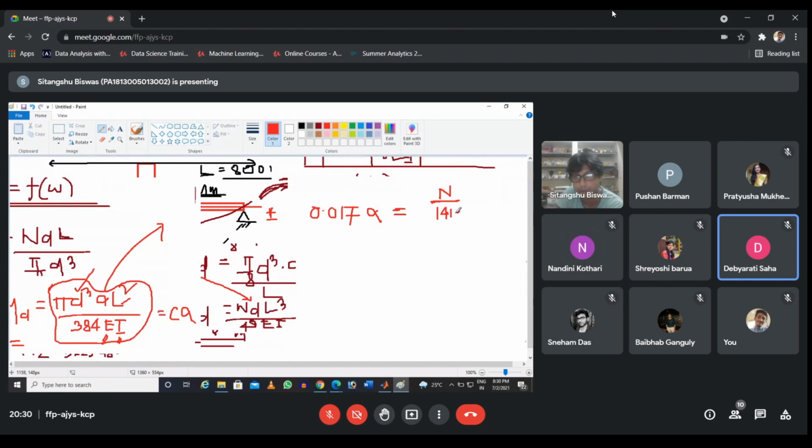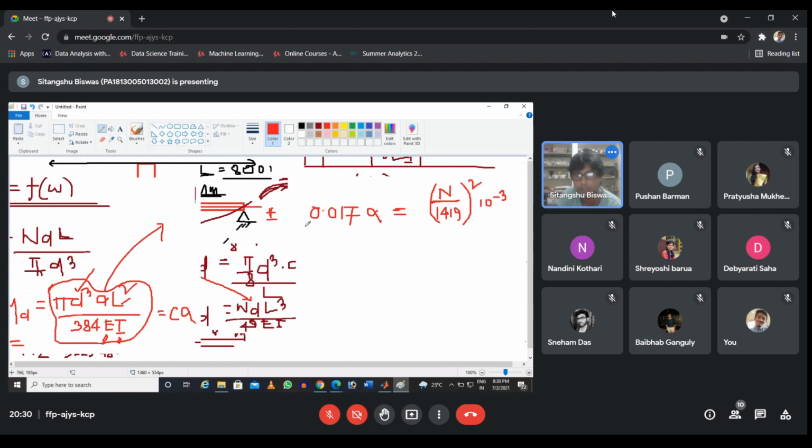1419. So this is a square into eccentricity, how much? 1 millimeter. So 1 means it is 10 to the power minus 3. I am converting everything.